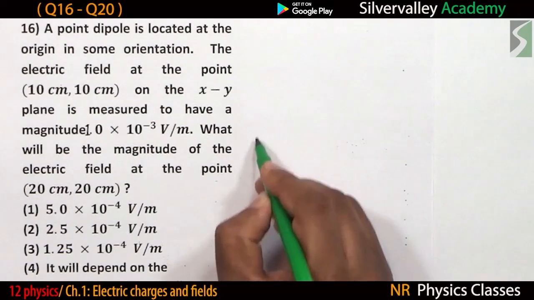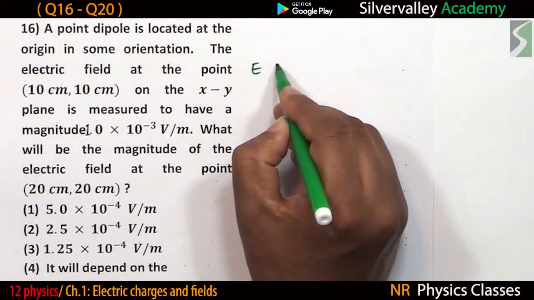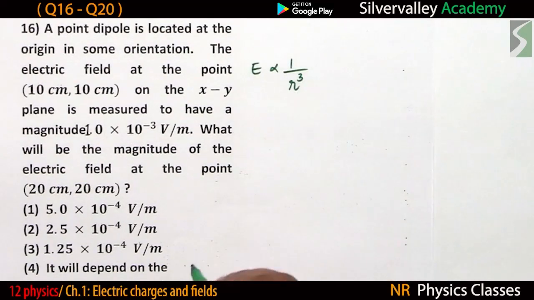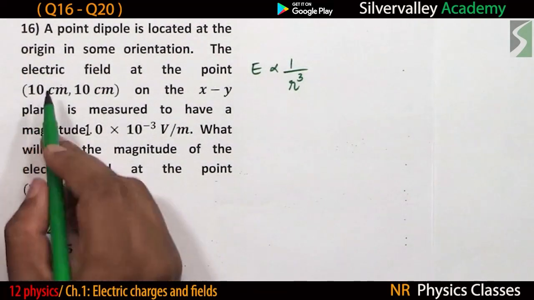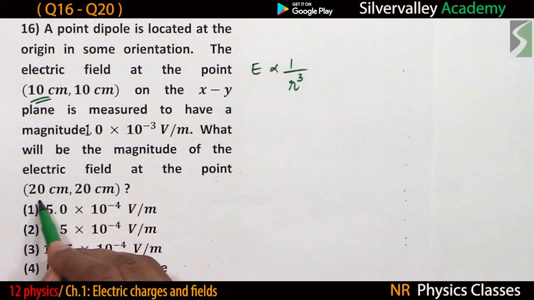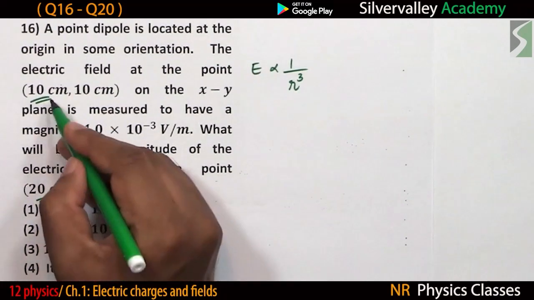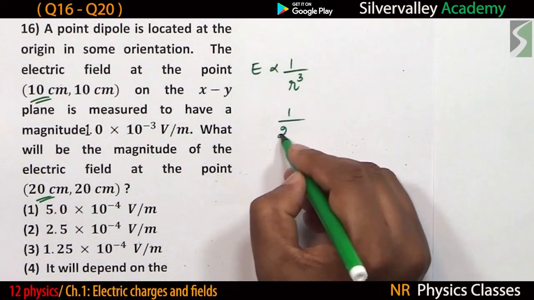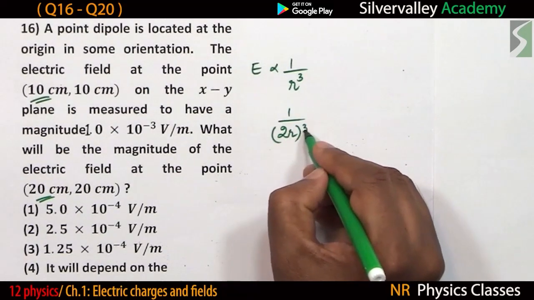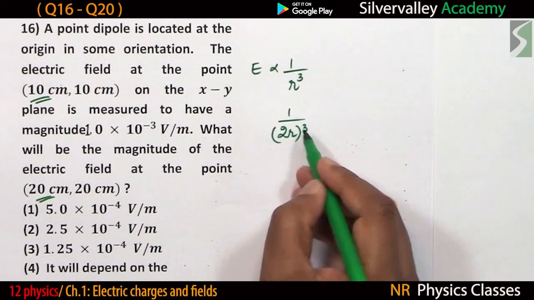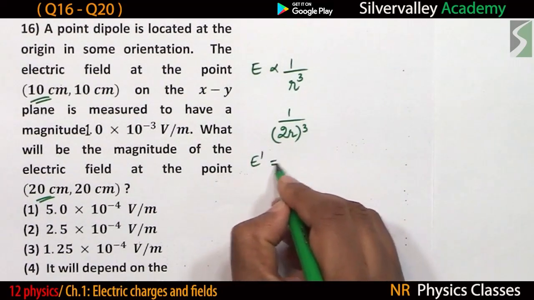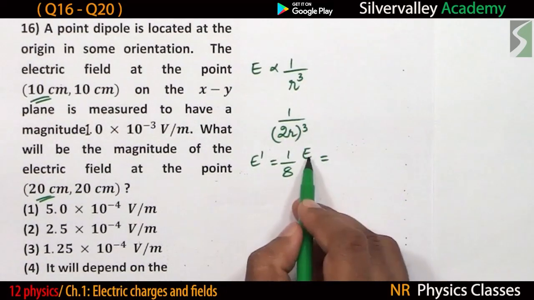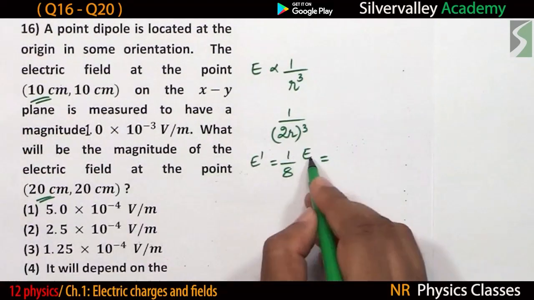Electric field is inversely proportional to cube of the distance. 10 centimeter to 20 centimeter means distance is doubled. Distance is doubled means 1 by 2r whole cube. 2 cube is 8. Therefore, new electric field is 1 by 8 times the electric field at 10 centimeter.